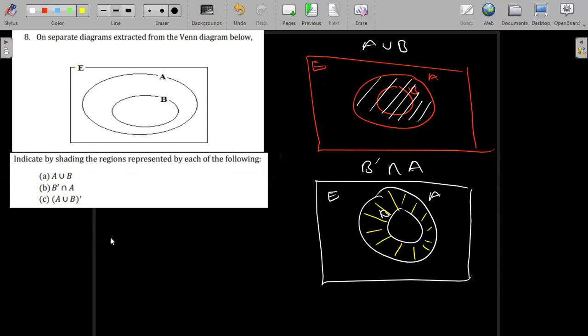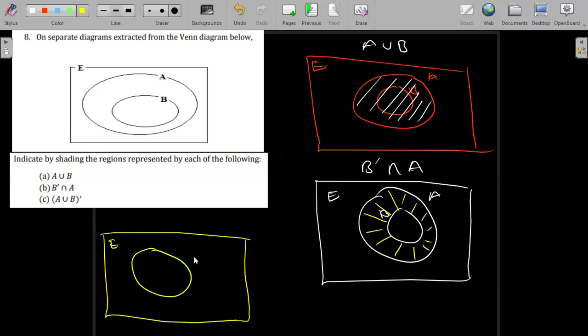Okay, then the last one is where I'm not going to shade the union, but I shade the complement of the union of A and B. So I have A and I have B there.